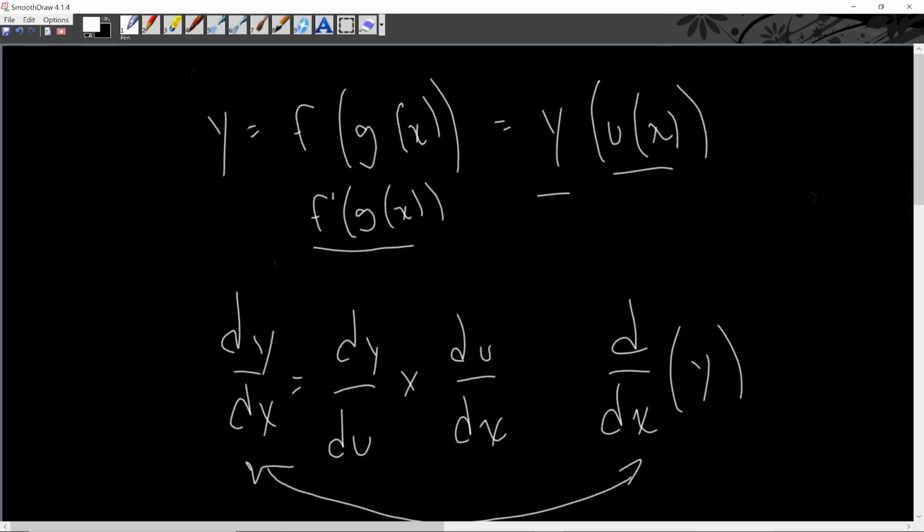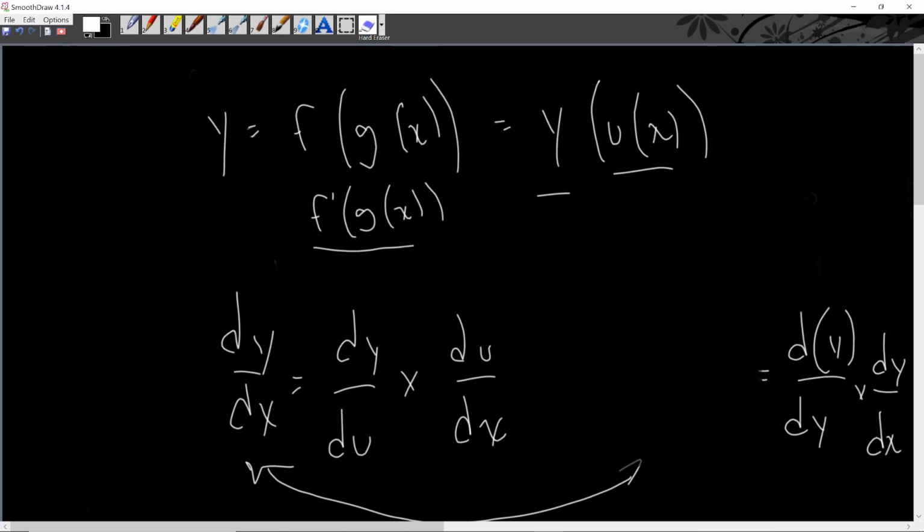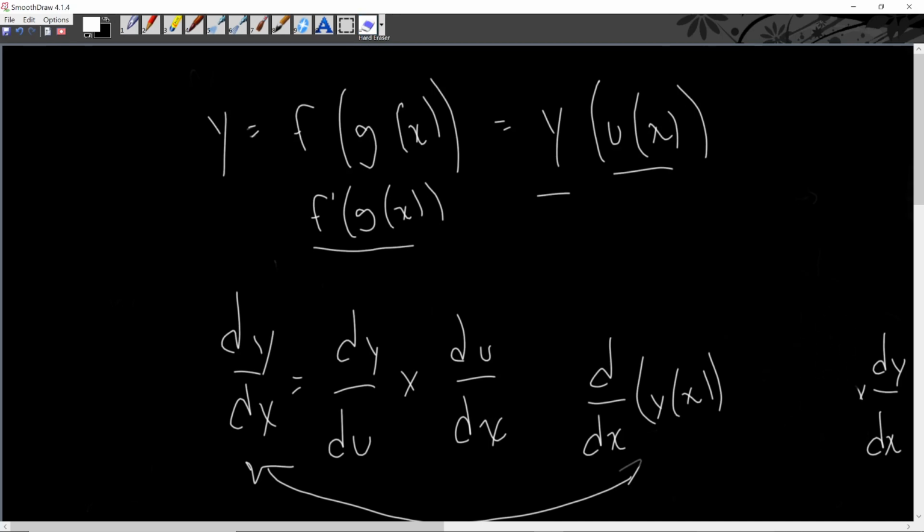Not exactly, but this will be d dx of y, and we will write this as the derivative of y with respect to y times dy dx. So this is just the derivative of this outside function, which in this case is going to be y. And you might even like to look at this kind of as d dx of y of x, so that it's a little bit easier to see. We're doing the derivative.